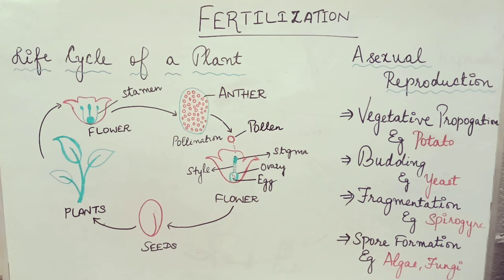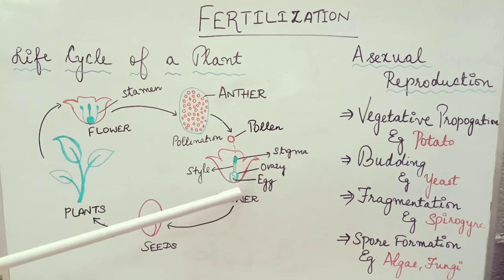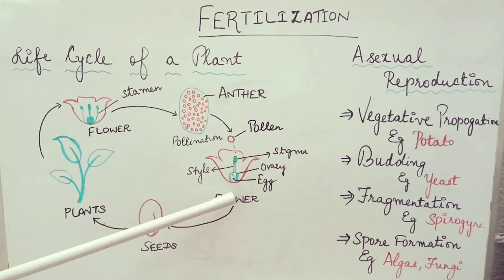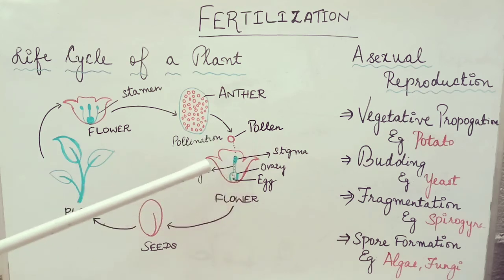During this germination, a tube develops from the pollen grain that carries the male gamete to the female gamete inside the ovary through the style. The male gamete fuses with the female gamete to form a zygote. The fertilized egg is called a zygote. This process is known as fertilization.